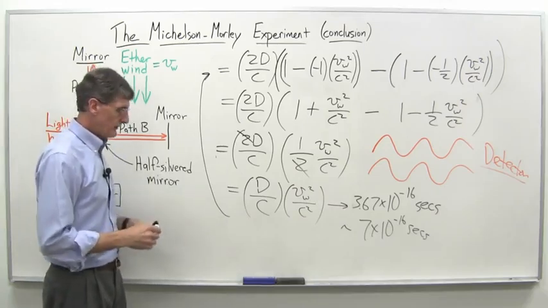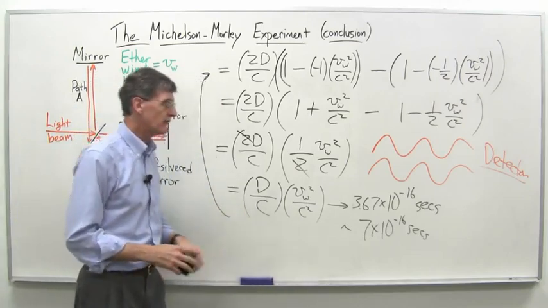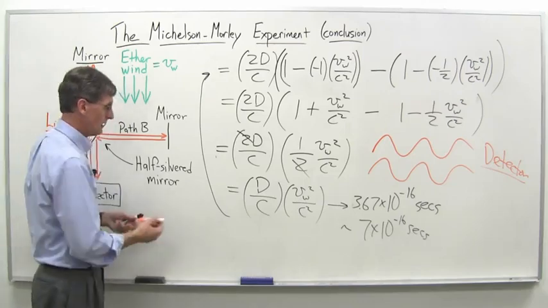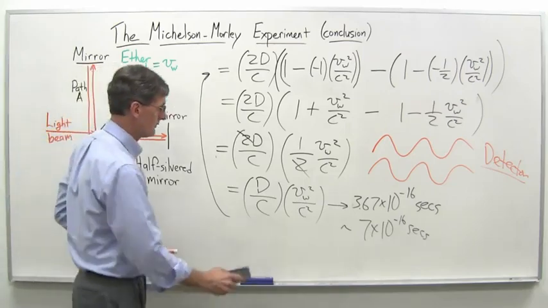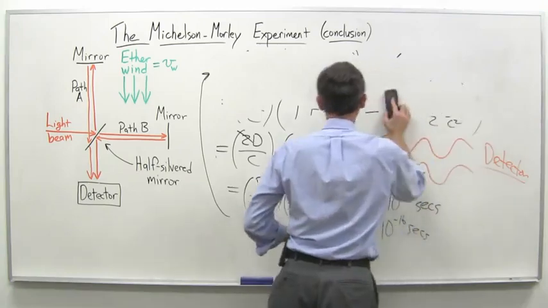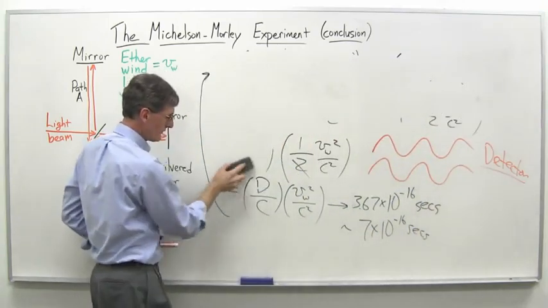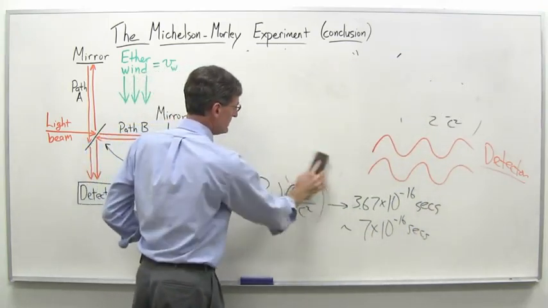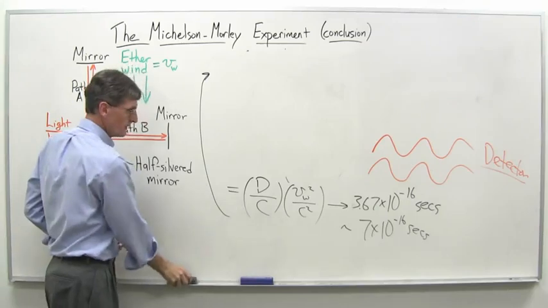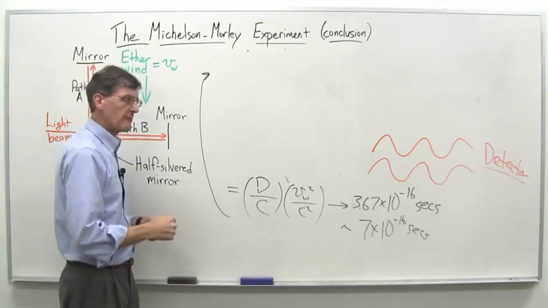Well, it turns out that the light they were using was sodium light. And for sodium light, let's erase some of our analysis here now. We don't need this. We've got our final answer down here. So here's our final answer for delta T, the time difference, 7 times 10 to the minus 16 seconds.